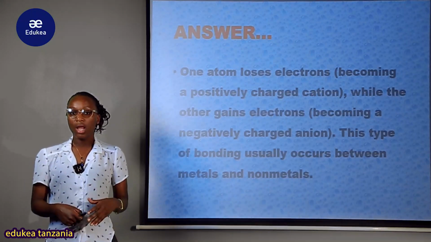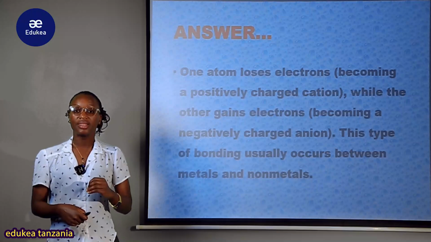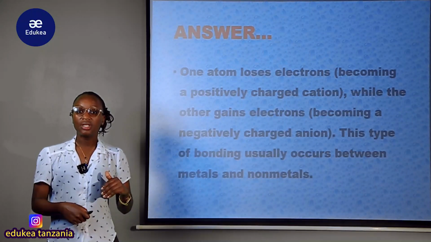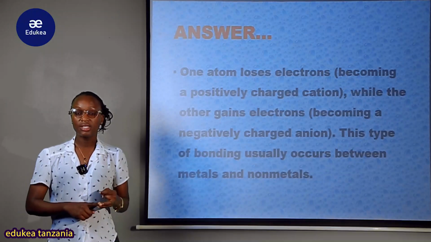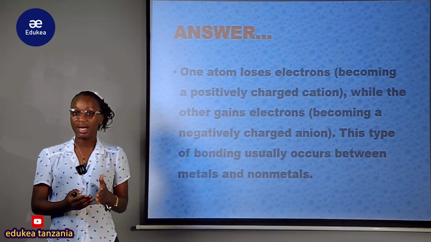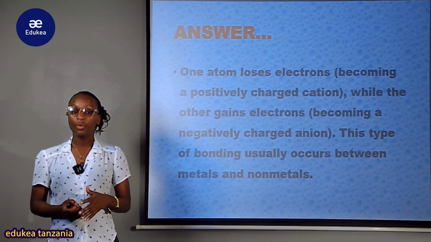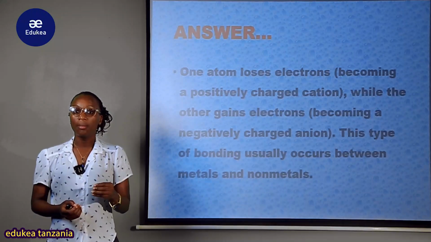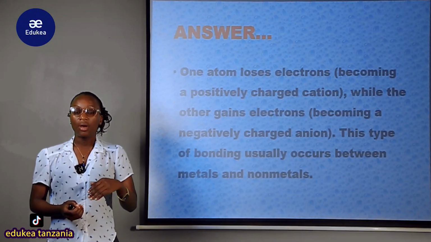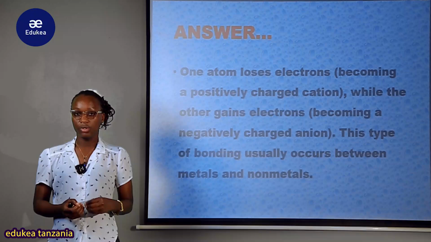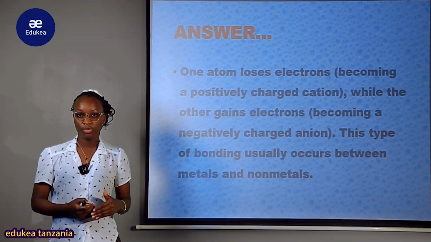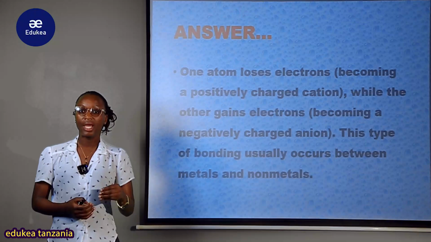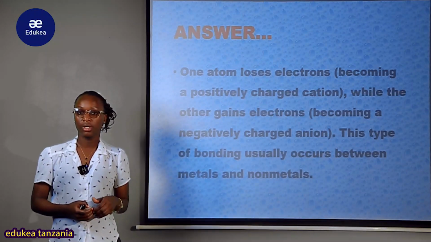Kwa hiyo that is all about nature of bonding between the covalent and electrovalent bond. So you see the differences. Na hapo utakuwa umerelay au umecomply, umekuwa sawa na swali lako lilivyoulizwa, kwamba swali umeambiwa differentiate, lazima unatakiwa uonyeshe utofauti uliopo kati ya covalent and electrovalent au ionic bond.